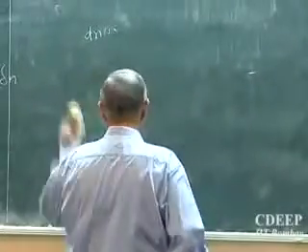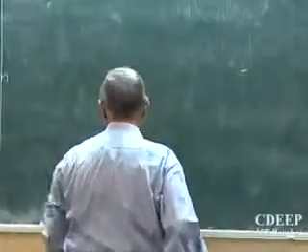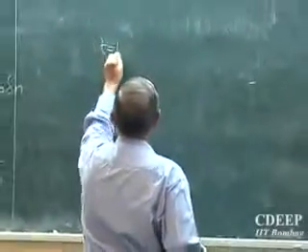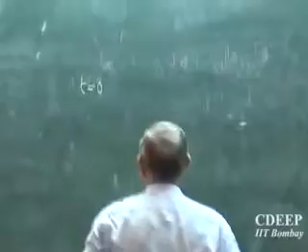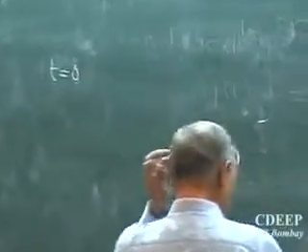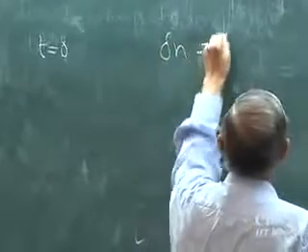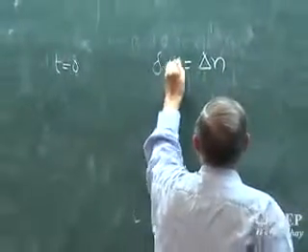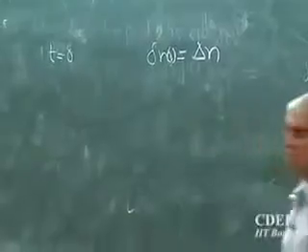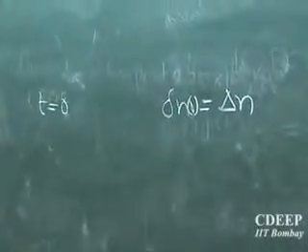So for this we need some initial condition. So at t is equal to 0, we call this number delta n at 0 is capital delta n, a fixed value. Is that correct?